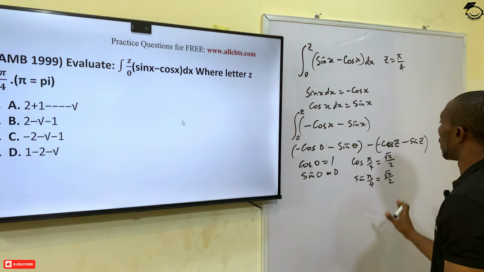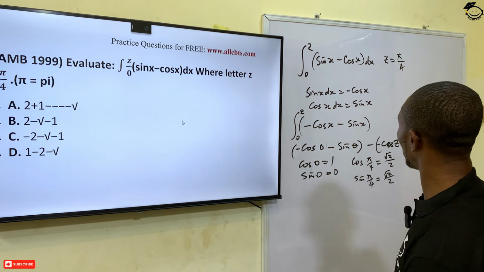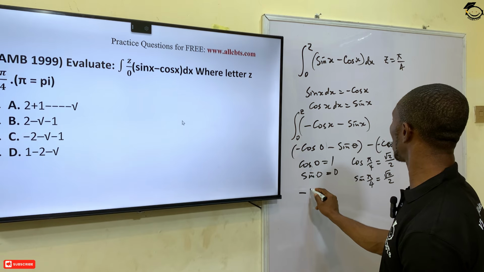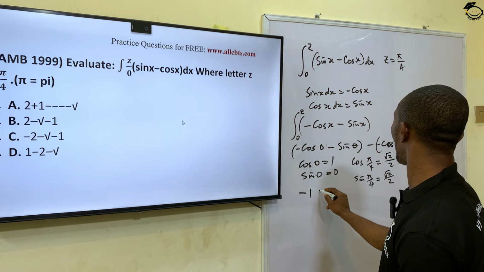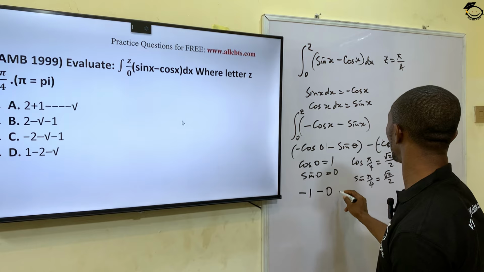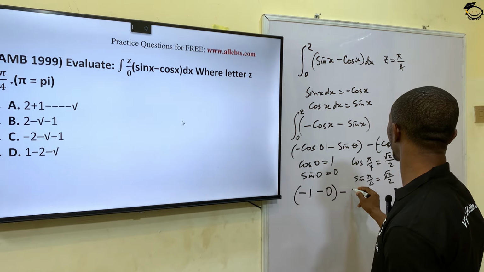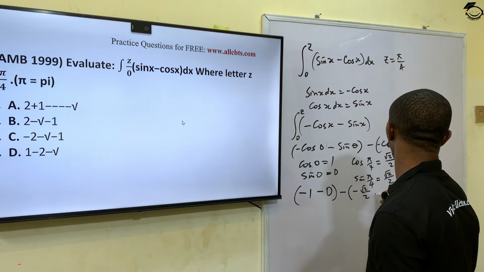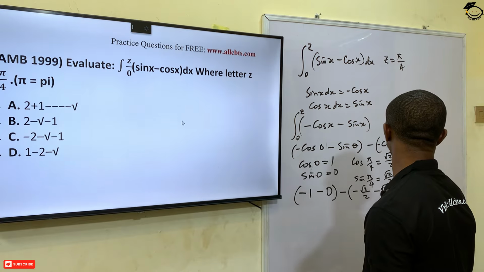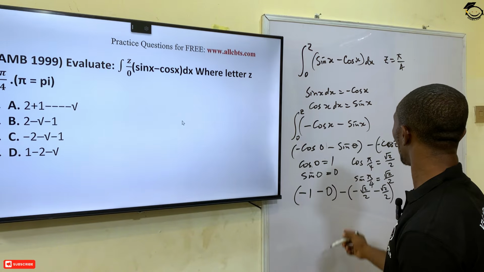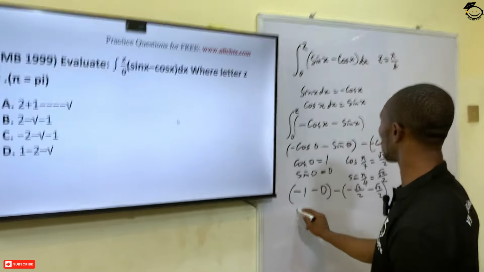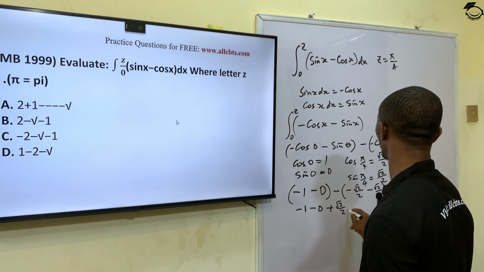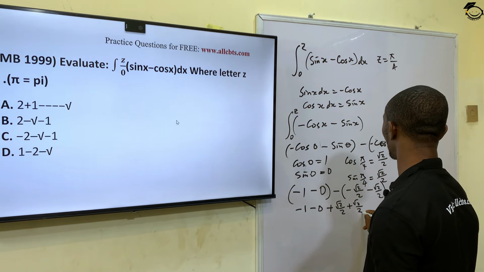Okay, now inputting this for our data here, we have minus 1 minus 0 minus root 2 over 2 minus root 2 over 2. Now opening up, this becomes minus 1 minus 0 plus root 2 over 2 plus root 2 over 2.